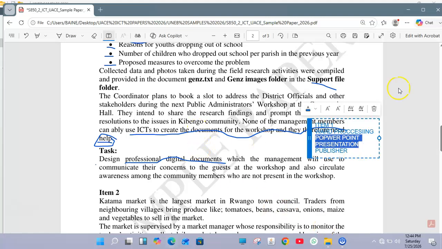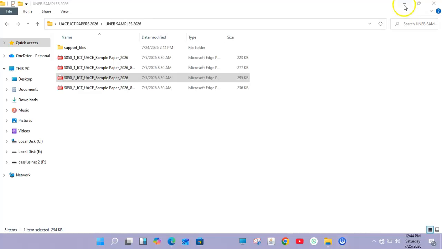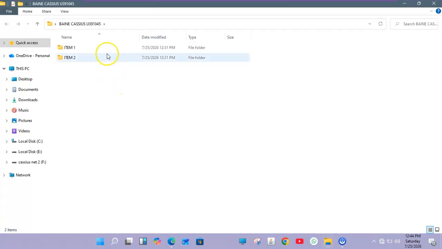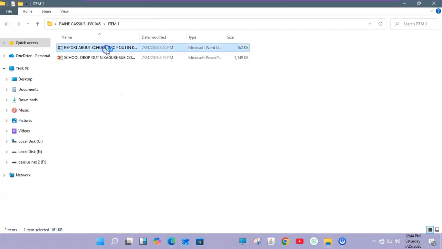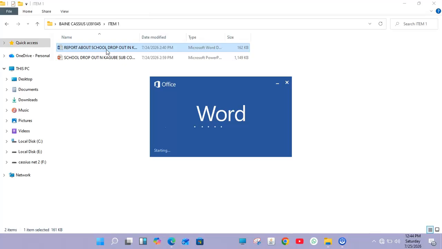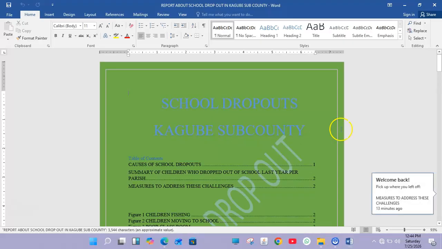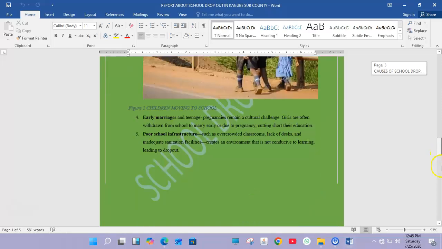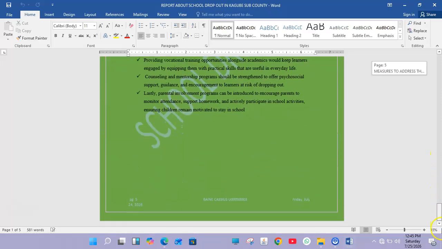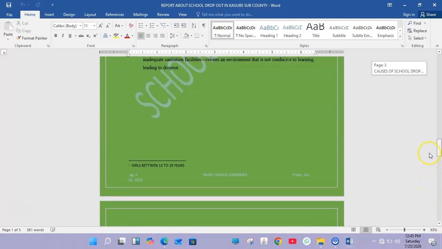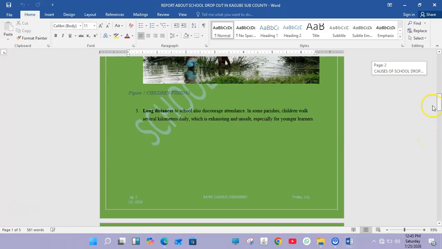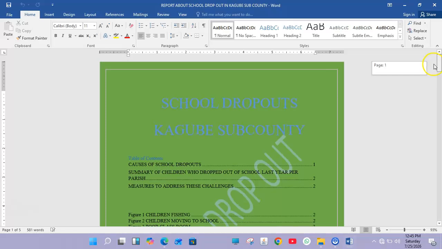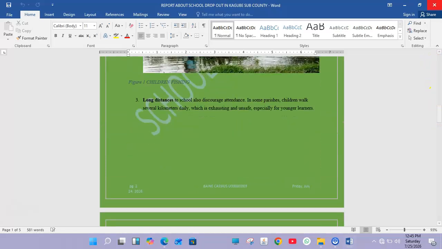At the end, we are expecting a student to come up with something like this: a report, or a letter, or a very good document that conveys the message, which would be printed and given to people to saturate awareness among those who have not come to the community hall.